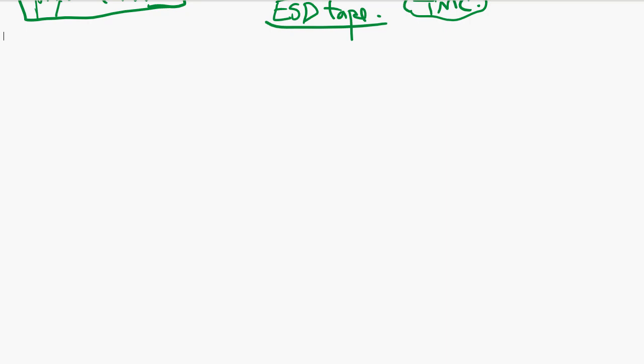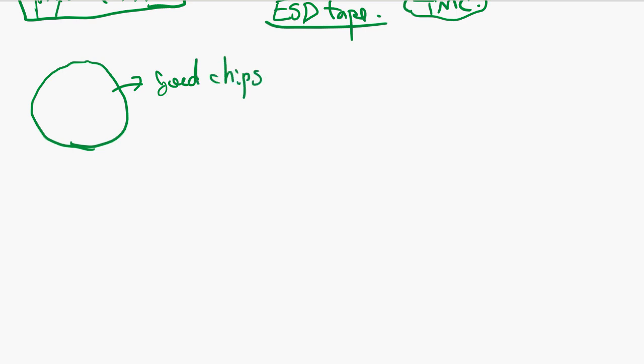Usually yield is: you have one wafer and how many good chips you get, that is yield. And now say from an 8-inch wafer I can get about 300 good LSI chips.